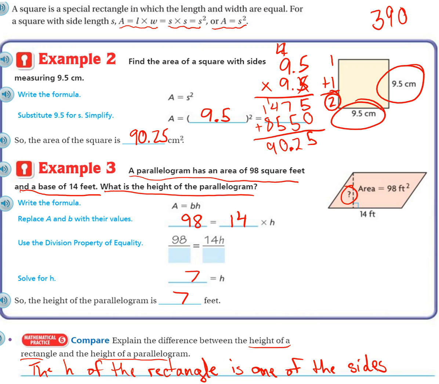And then the height of a parallelogram, though, is an imaginary line that is perpendicular with the base. So again, you can finish writing that in. You have more space to write. So I'll say it one more time, but again, you can pause or rewind to hear it again. The height of the rectangle is one of the sides, but the height of a parallelogram is an imaginary line that forms a perpendicular line with the base.